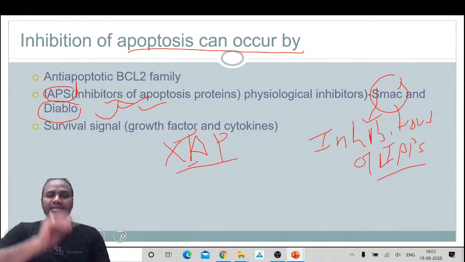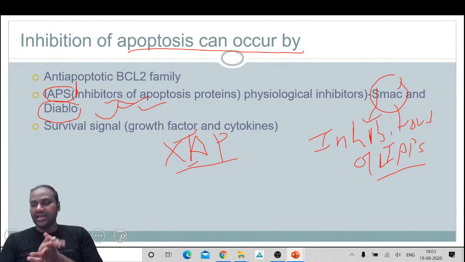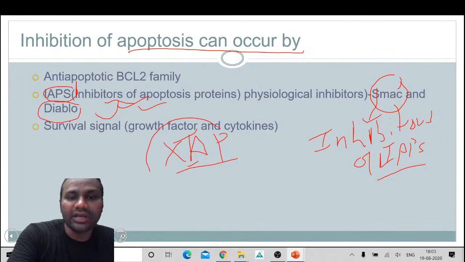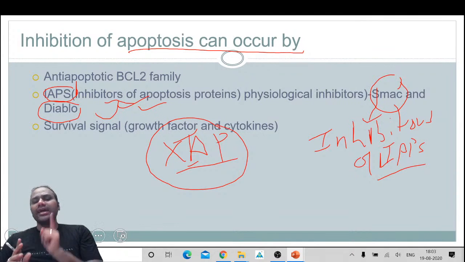There are different IAPs, a number of IAPs, but the best one is XIAP. XIAP is the best one.